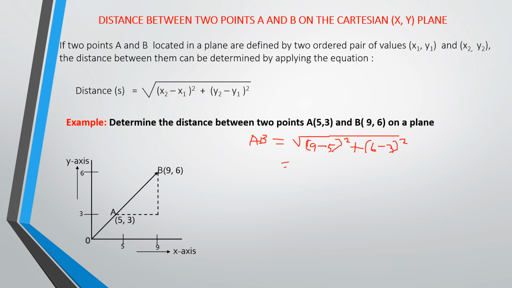So when you do that, you're going to have 4 squared, because 9 minus 5 is 4, plus 3 squared.